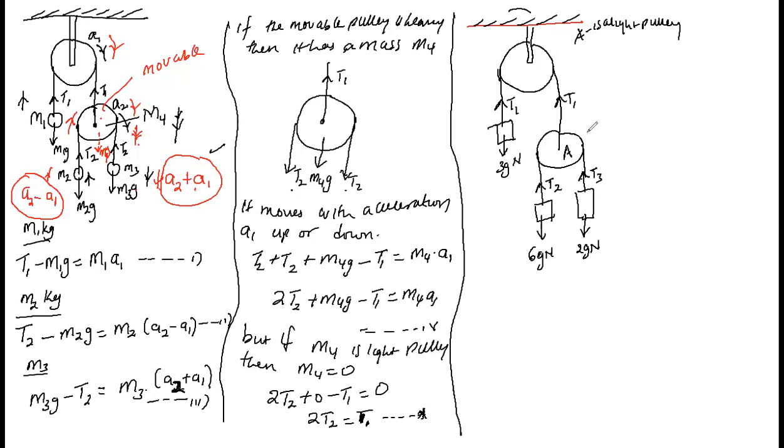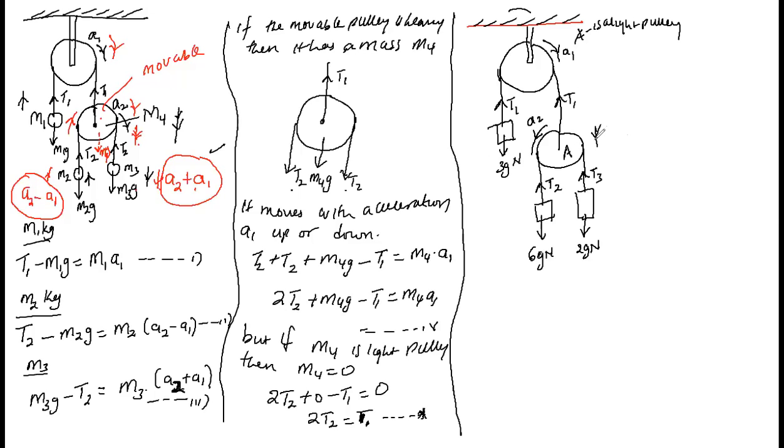And they have said pulley A descends with an acceleration A1. So if it descends with an acceleration A1, it means this is A1. This one is rotating with A2, to rotate going this way by common sense.